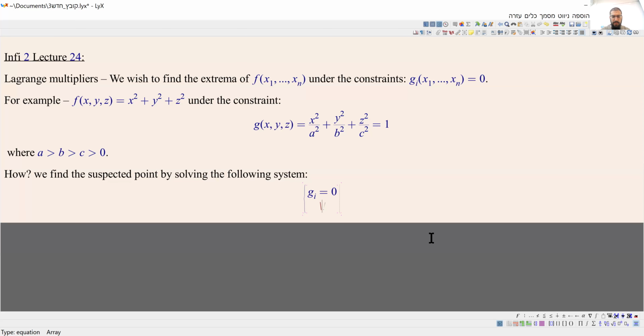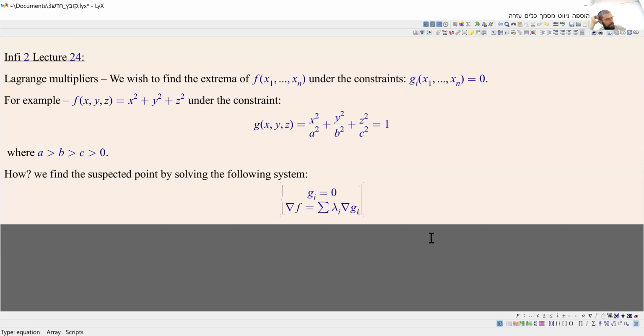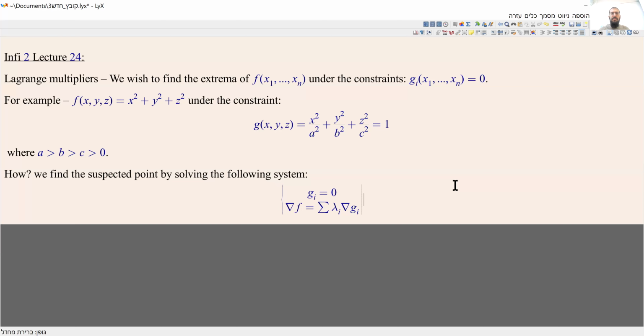And secondly, the gradient of f should be a linear combination of the gradients of the constraints. Why is that? I can geometrically explain it, but not now. We don't have the time required.